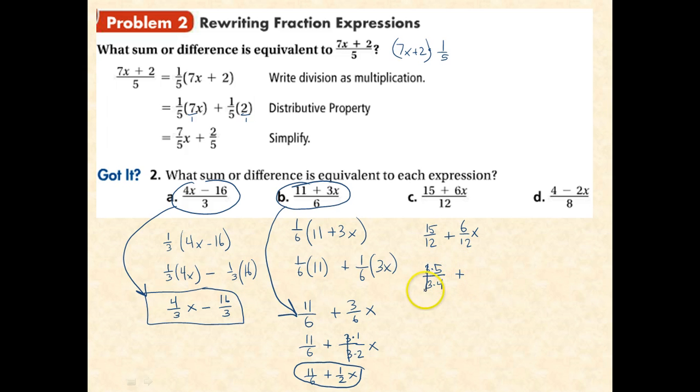And 3 divided by 3 is 1. 6 is 1 times 6, and 12 is 2 times 6. And 6 divided by 6 is 1. So I got 5 over 4 plus 1/2 x.